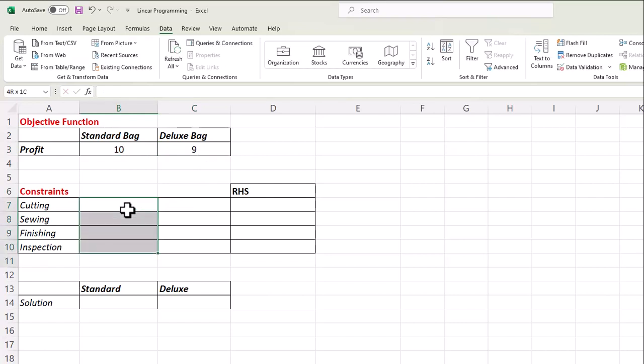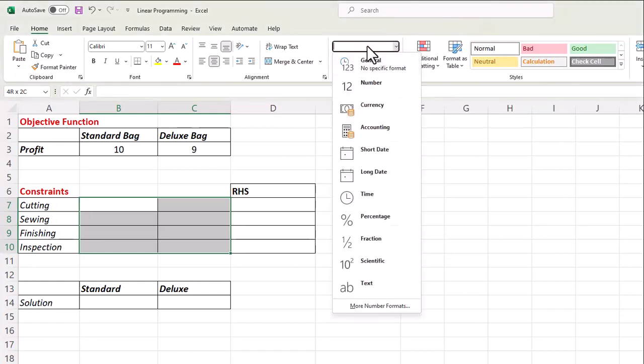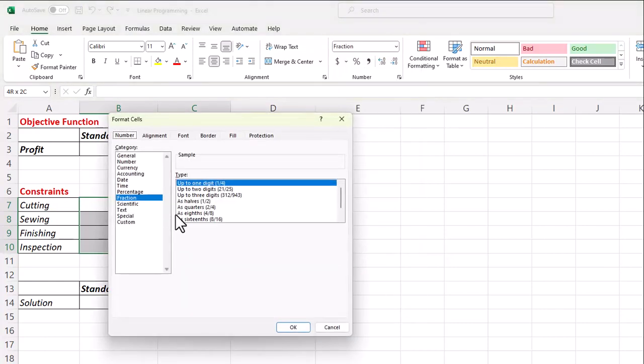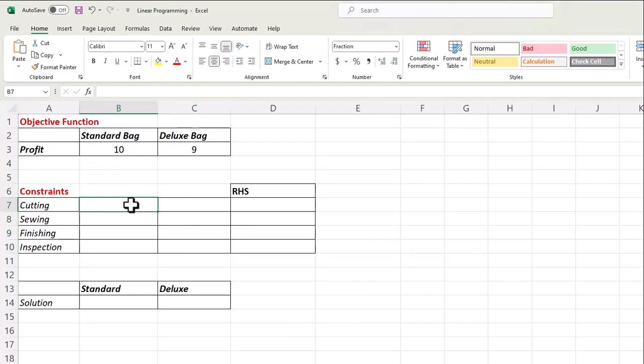For the constraints, first we are going to change this whole table to fractions because we have so many values in fractions. Okay, so it was already in fraction. We will do up to 2 digits. It's fine. All right.